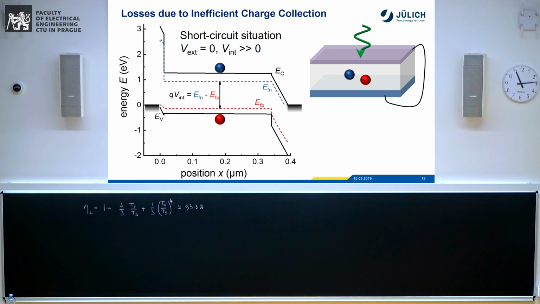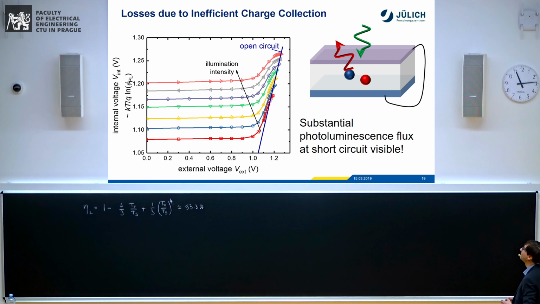Yeah? Usually you do photoluminescence at open circuit, but let's do it at short circuit and see what happens. Yeah? So what you would expect is, okay, you create electron hole pairs with your laser pulse, you do it steady state, so you create them all the time, and then you short circuit that. So ideally they just go out and through the circuit and are gone. Yeah? So you wouldn't ideally expect to measure lots of luminescence, but you do, unfortunately.